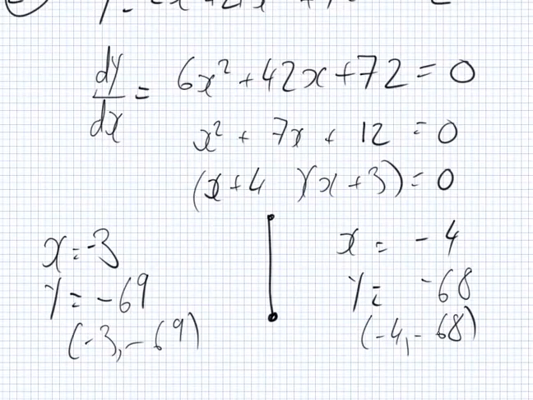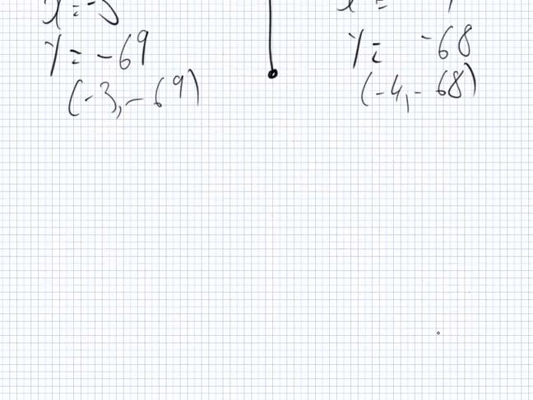Now, a little bit of vocabulary here. On your workbook, I use many different words, but they all mean the same thing. Example: extreme points, turning points, critical point, stationary point, maximum minimum point, vertex. They all mean the same thing, okay? The most common terms to use in the exam are turning point, stationary point, and vertex.